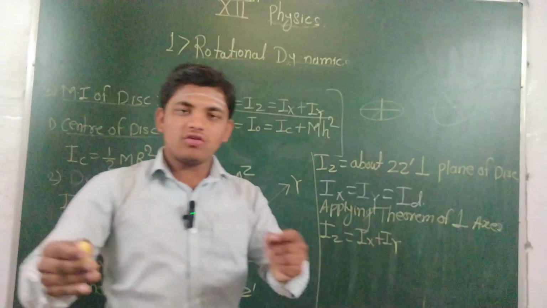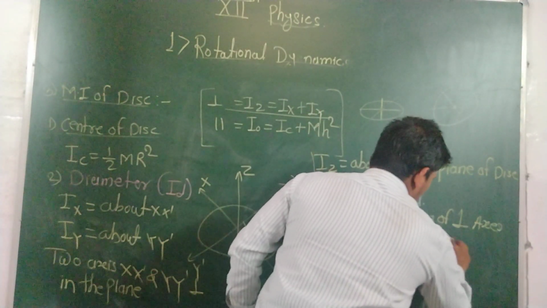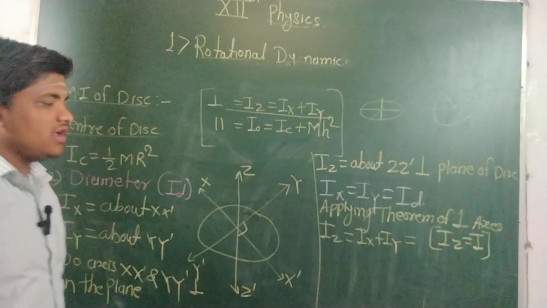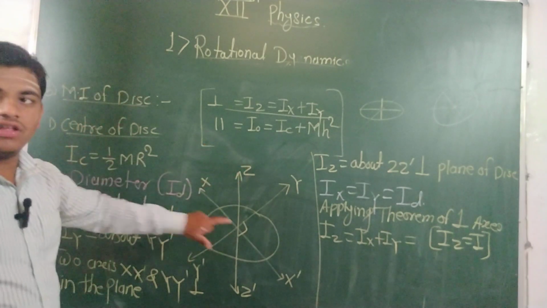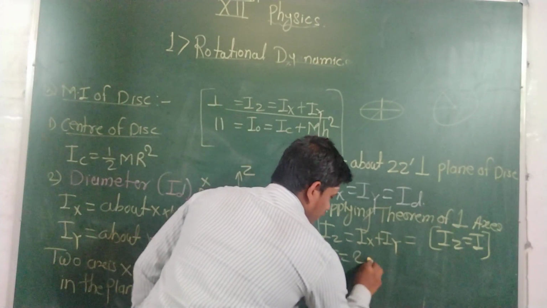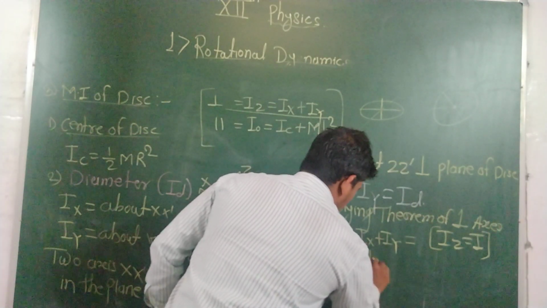So in place of both we can put I of d. Then I of z is equal to the moment of inertia of the disk along the z axis. Then I of z is equal to 2 into I of d, where I of d is the moment of inertia of the disk along the diameters.